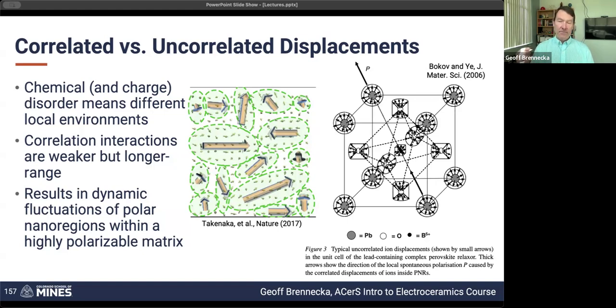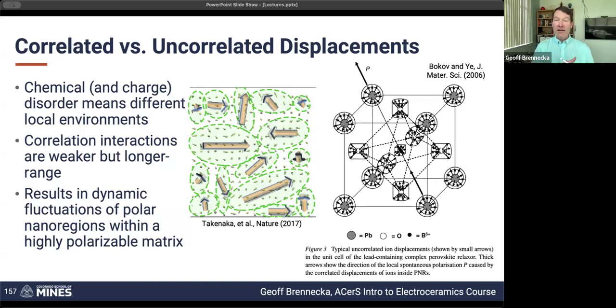So in lead titanate, in barium titanate, in normal well-behaved ferroelectrics, if you have a dipole here, then it's very strongly going to influence what happens to the unit cell next to it and the one next to it. So maybe that influence is to make it anti-ferroelectric. Maybe that influence is to make it all point to the same direction and have a large domain, but there's a very strong local influence from one unit cell to the next.